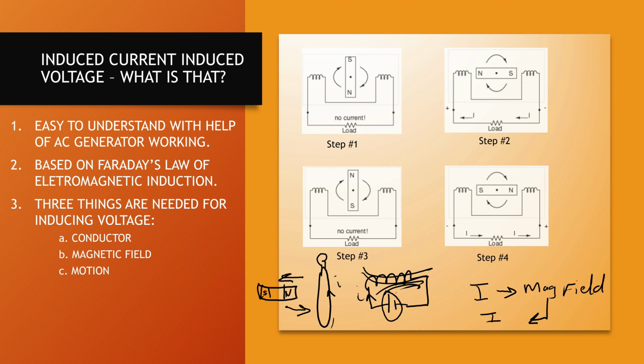Three important things are needed for inducing this voltage. First, of course, you need a conductor. Current just can't generate in air. You need a magnetic field, and that magnetic field needs to be moving. This is very important. A stationary magnet would not cause any induced current or induced voltage; there has to be some motion.